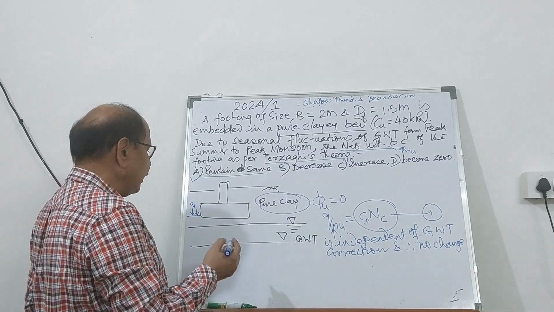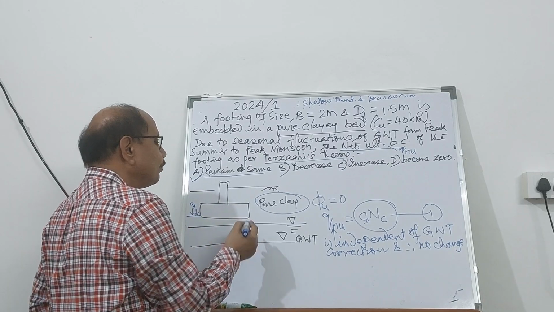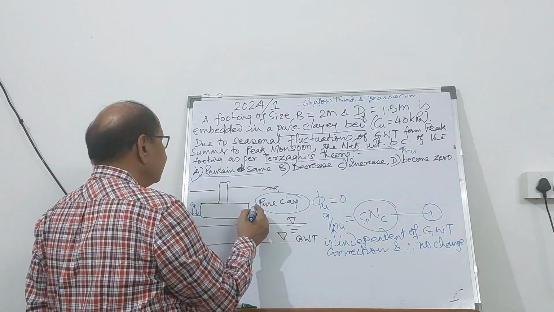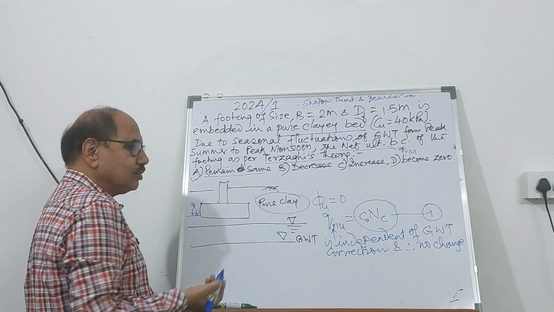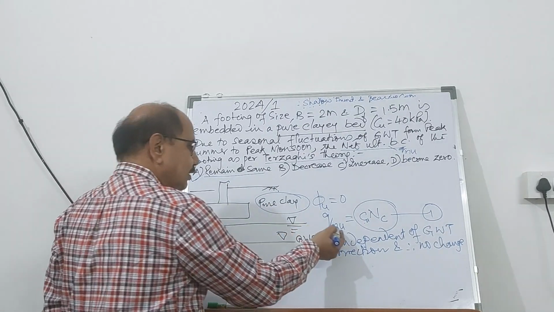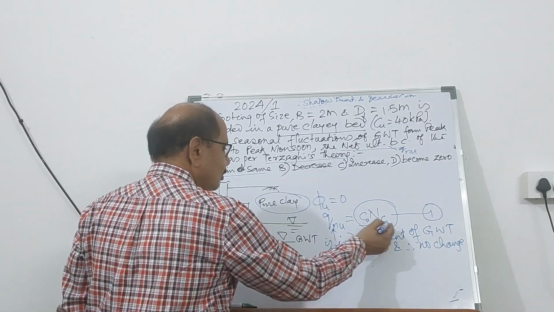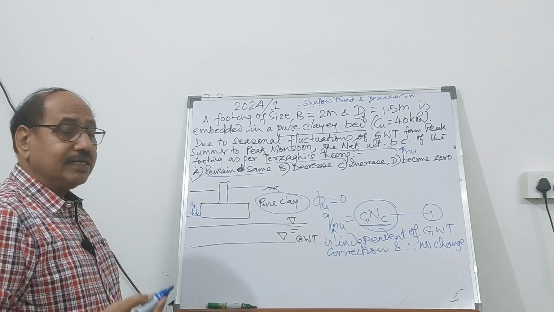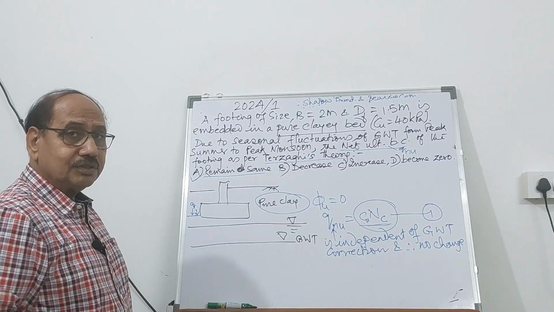Now the Nq is going to be 1 if it is pure clay. So Nq minus 1 becomes 0. So here you will be getting only one term, the first term. And N gamma is 0. So the third term becomes 0.